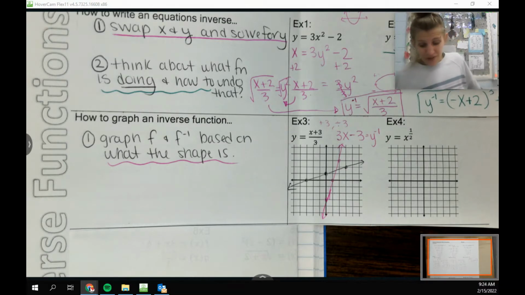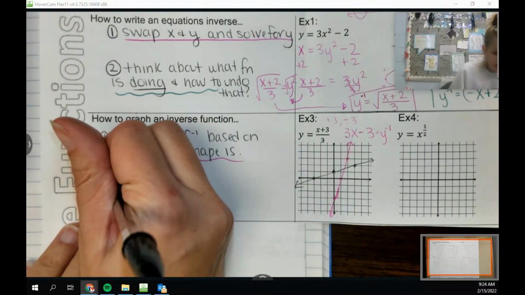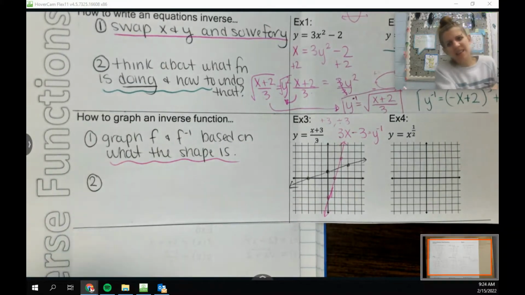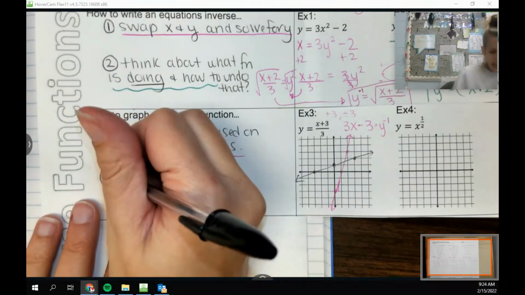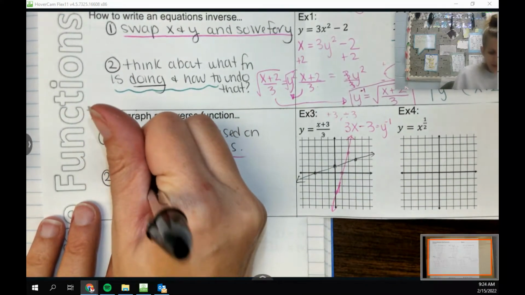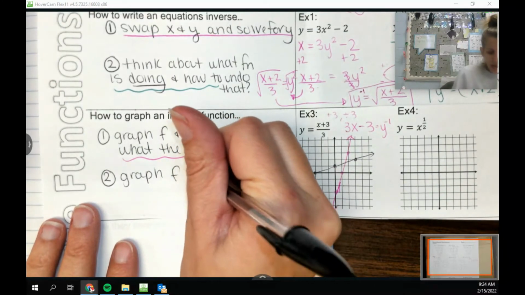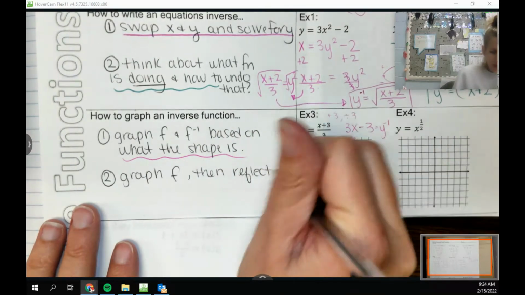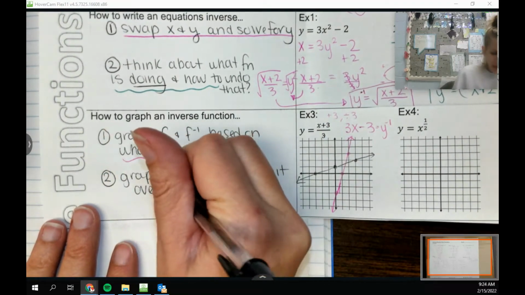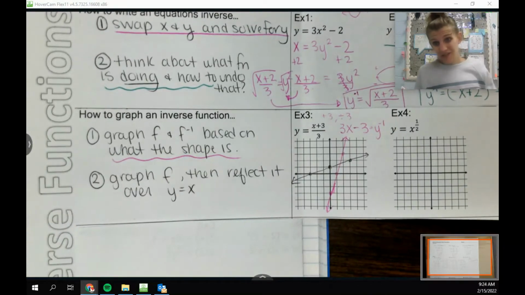Maybe the less straightforward way is, oh, I guess there's maybe a third way to do this. The second way though that I like to do is graph the function, then reflect it over the line y equals x, because that's what will always happen.